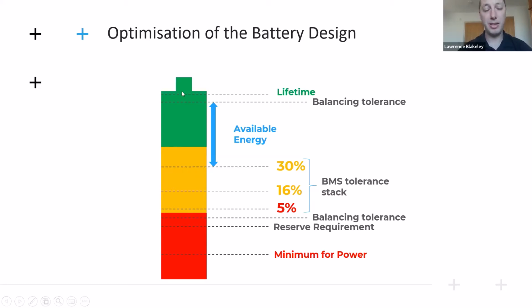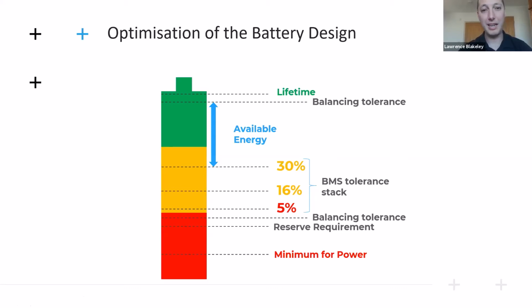Now going to the maximum state of charge, I need to remove two things from the top. First is lifetime. I talked earlier about the degradation of the battery packs, and I need to remove that from the top because at some point my battery is going to degrade, and when it's at its end of life, I still need to be able to do the mission I've promised the operators we can do. So automatically I have to take that away from the 100% charge.